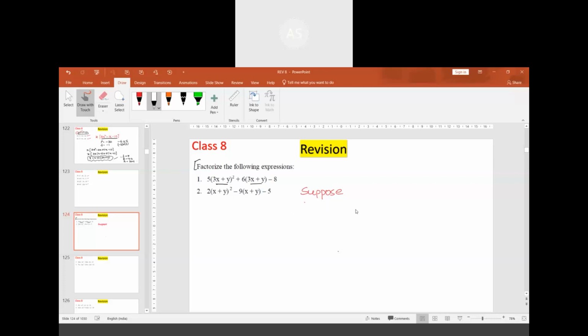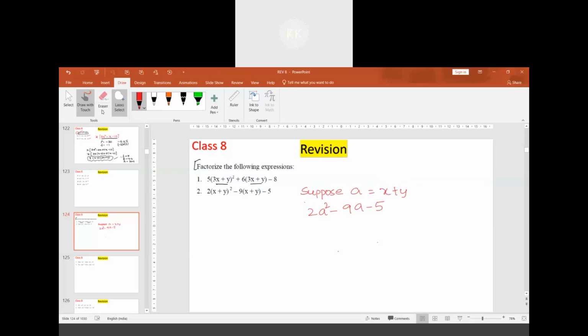I got the answer, sir. I have taken xy as a. I got the answer as a minus 5 into 2a minus 1. You have taken it as a only.